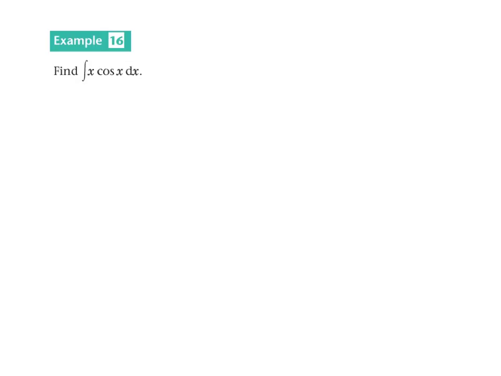So this is what we do then. We choose a u and our dv by dx from our product at the beginning. So our u is going to be x and our dv by dx is going to be cos x.